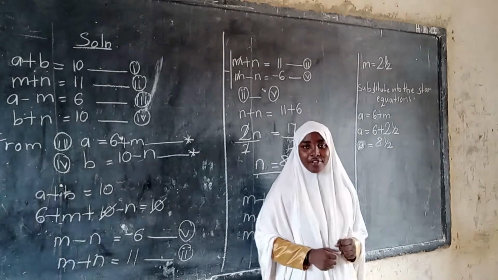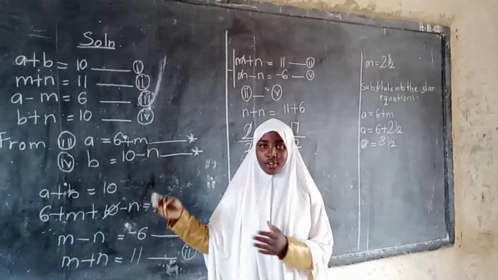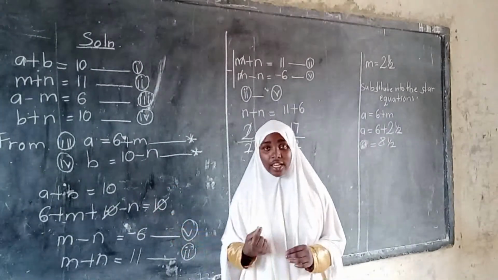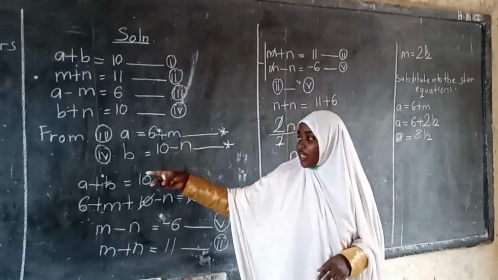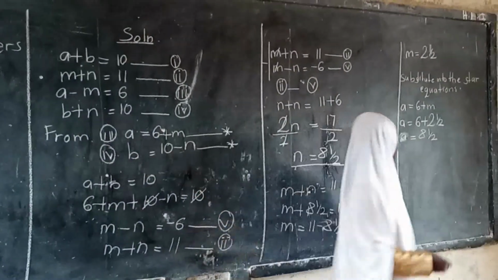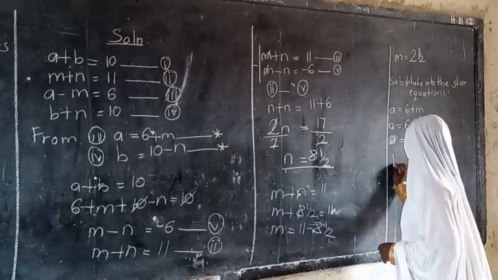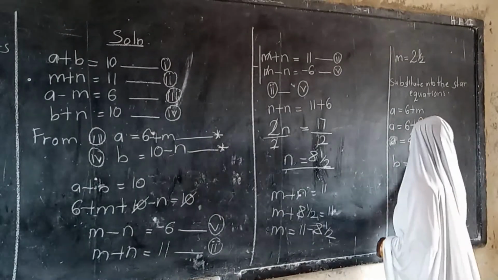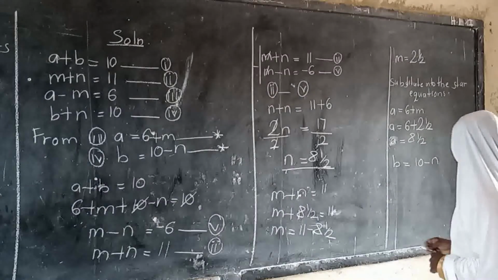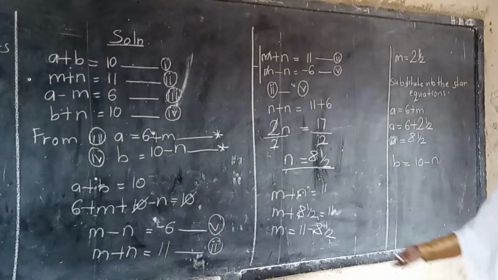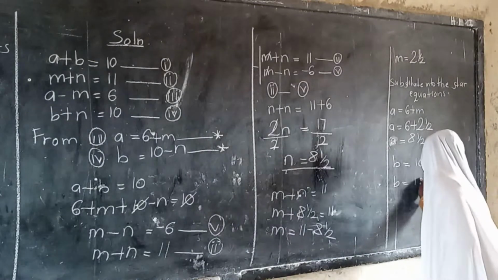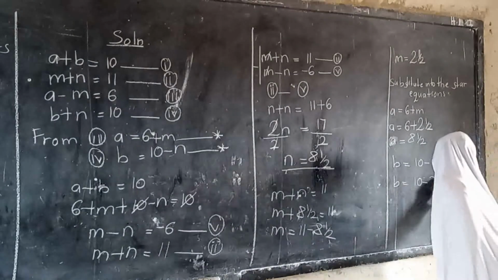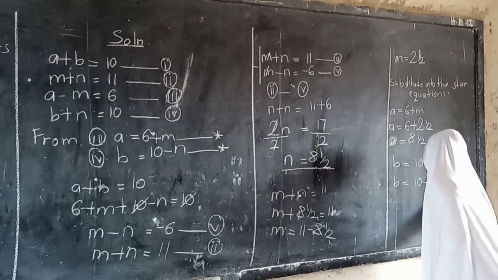Wonderful. Now we have 3 values for the unknown gaps. We are left with only one value. It is only B. And B says that B is equal to 10 minus N. We know the value of N is 8.5. So B is equal to 10 minus 8.5.